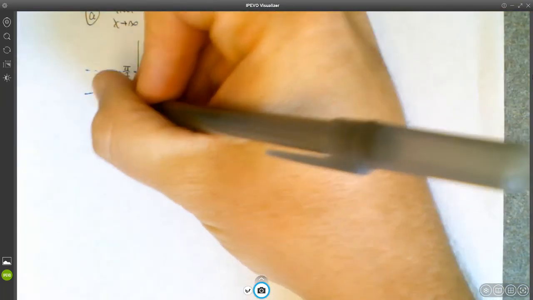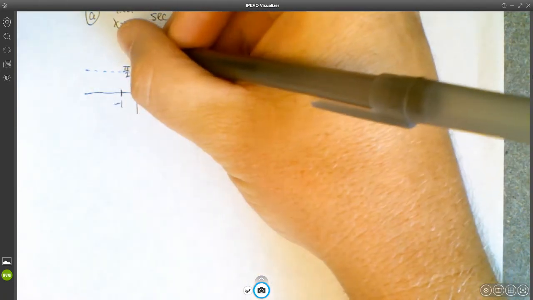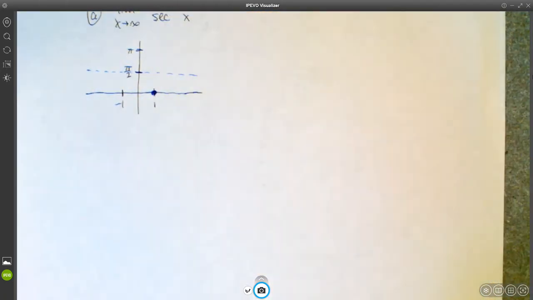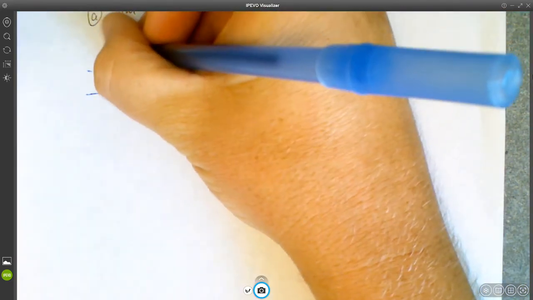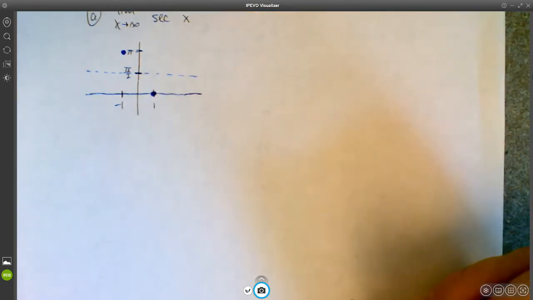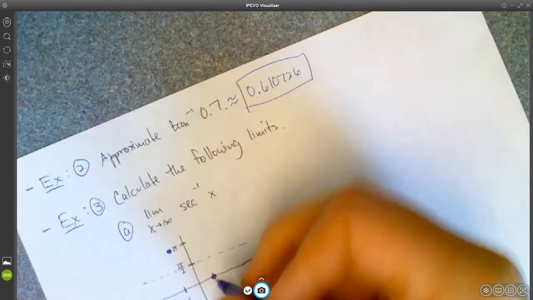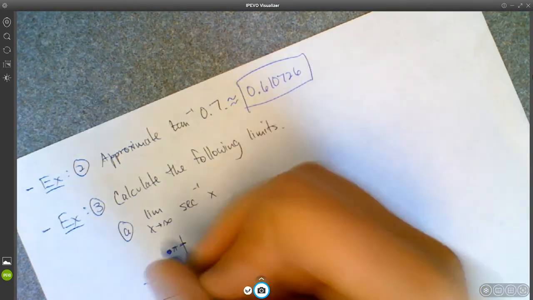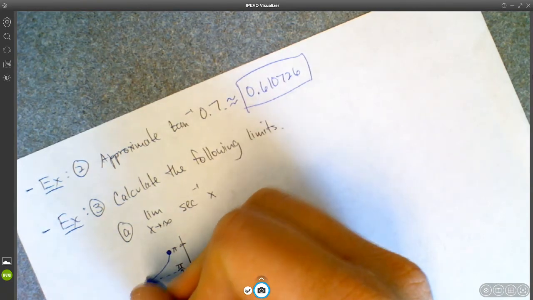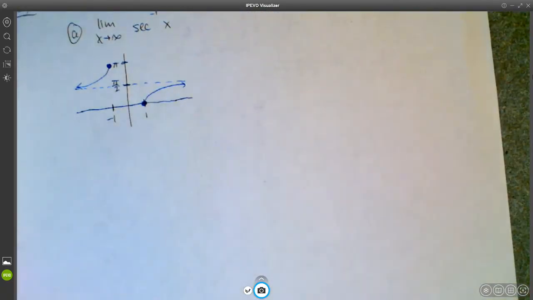That means the secant inverse function goes to the point negative 1, pi. So that's pi over 2, then maybe pi is up here. Okay, so it goes through that point. And since this is a horizontal asymptote, the picture we get should look something like this for the secant inverse function. So that's what the secant inverse function looks like.